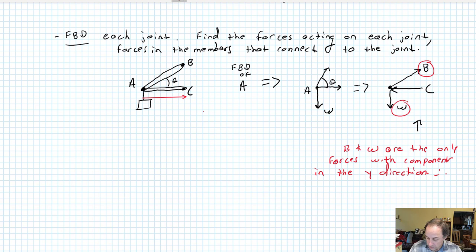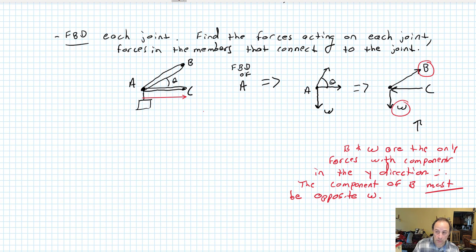Therefore, the component of B must be opposite W, or it's going to accelerate toward the ground, which we call collapse.